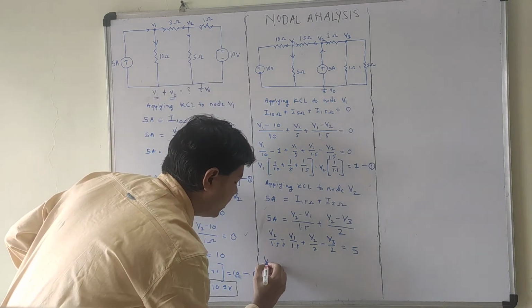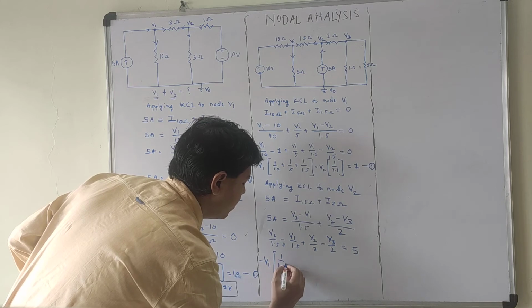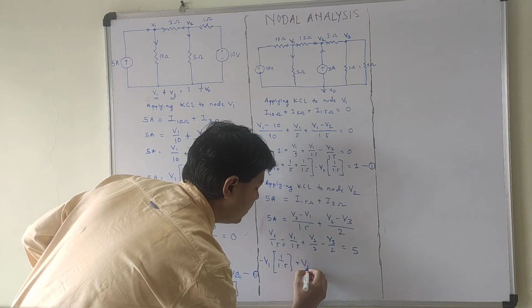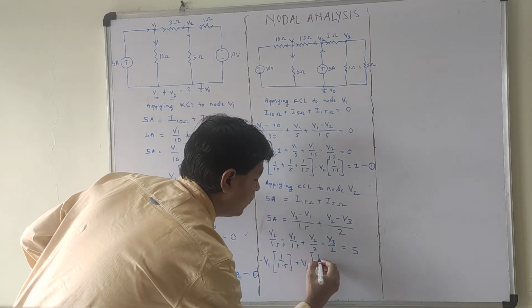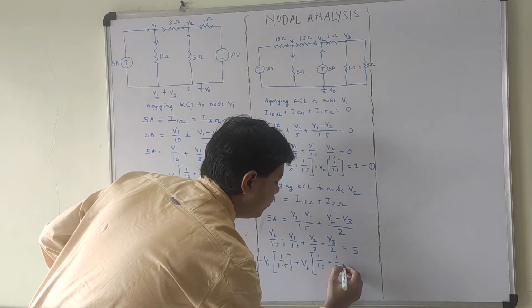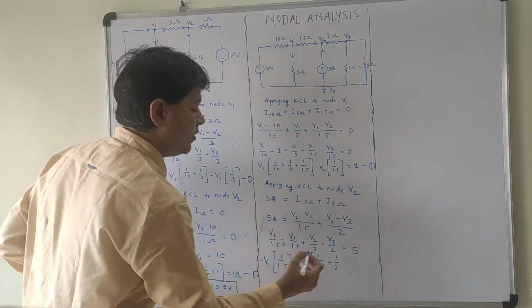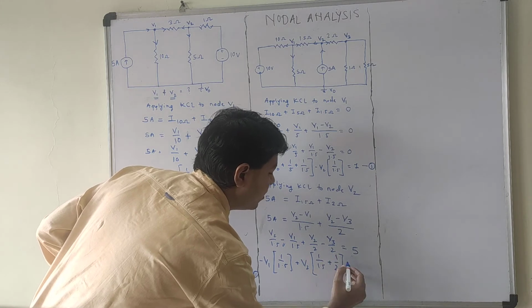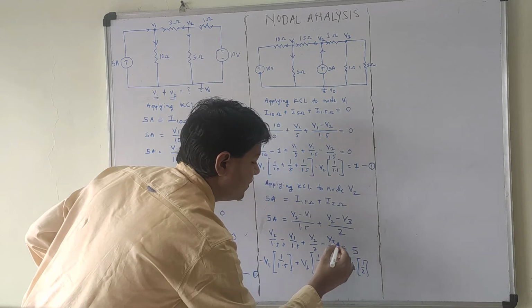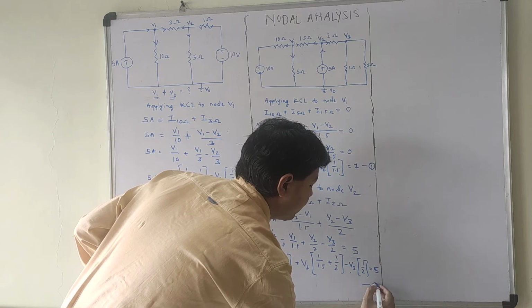I will take all the V1, V2 and V3 terms separately, so minus V1 times 1 upon 1.5, plus V2 times (1 upon 1.5 plus 1 upon 2), minus V3 times 1 by 2, is equal to 5. This is your second equation.